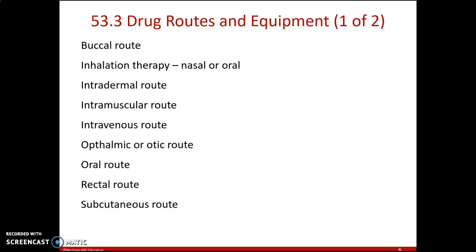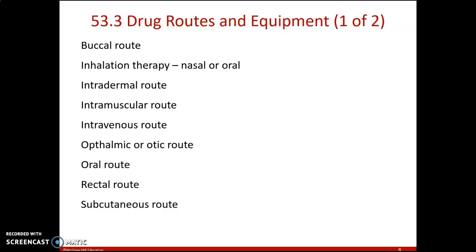So drug routes, there are many, and I would make yourself familiar with them, but it includes all the ones listed here. Usually we include anything that is enteral, means it passes through the GI system. Everything else is considered parenteral, and that might include intravenous, intramuscular, intradermal, anything that's not going through by swallowing.